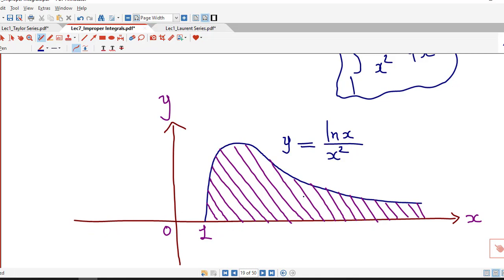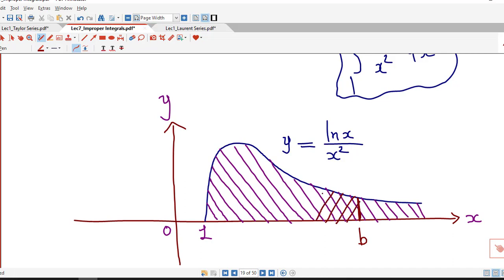So we want to check whether the area under the curve y equal to log x over x square from 1 to infinity is finite or not. So as we know by the definition, we are not evaluating the whole area, but we consider area up to some fixed point. Suppose this fixed point is b. So we will try to check.